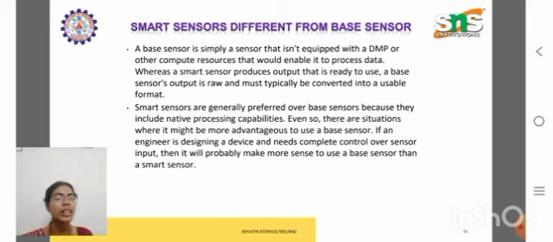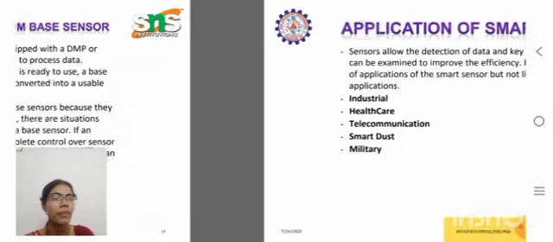Smart sensors are generally preferred over base sensors because they include native processing capabilities. Even so, there are situations where it might be more advantageous to use a base sensor. If an engineer is designing a device and needs complete control over sensor input, then it will probably make more sense to use a base sensor than a smart sensor.